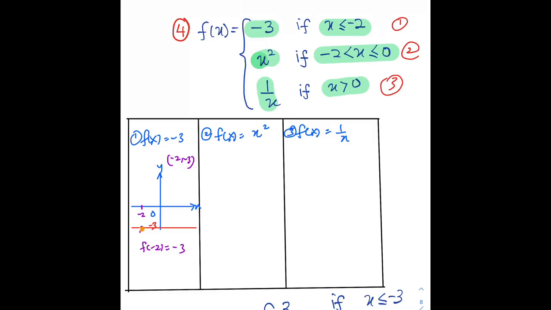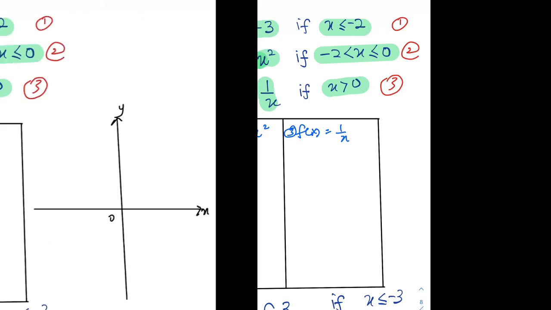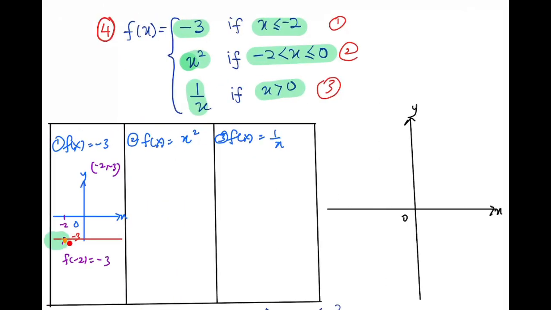And then we'll take to your left. So this part here. Now let's transfer the endpoint here, which is minus 2, minus 3. So this is included, minus 2, minus 3. So transfer the point, then transfer the shape of the graph. So it will go towards your left hand side.